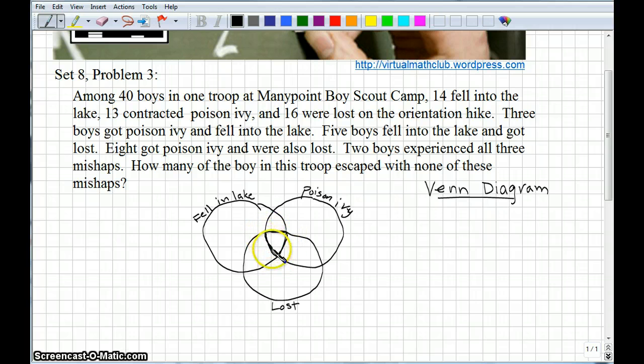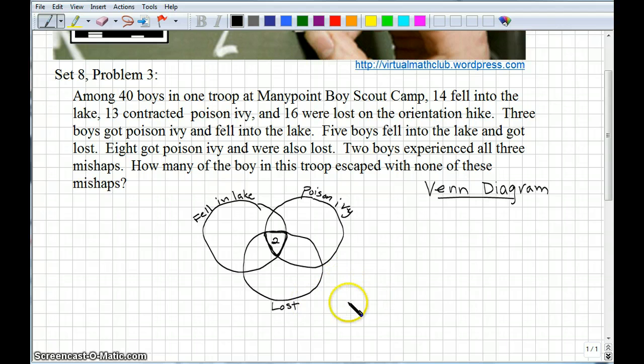So I'm going to trace over this so it's nice and dark. And we actually know what's in there. It says that 2 boys experienced all 3 mishaps. So we can say that the number of boys in this category here is 2. All right, so I'm starting to solve the problem.